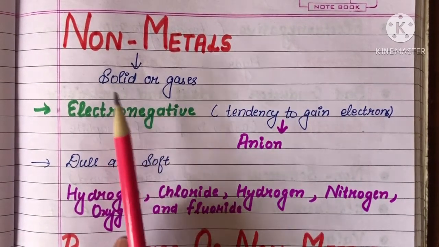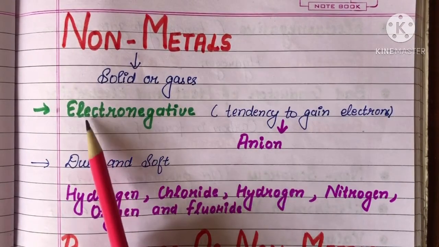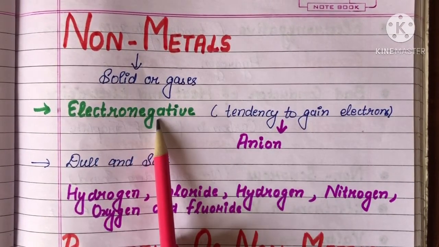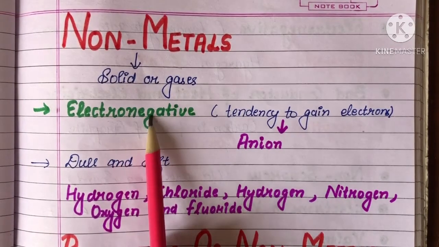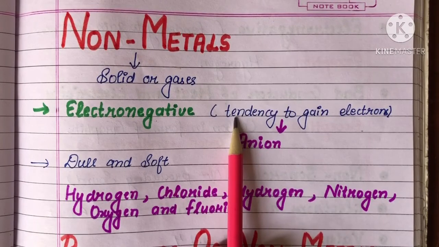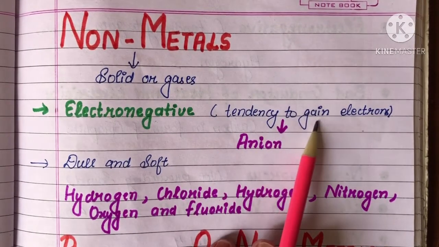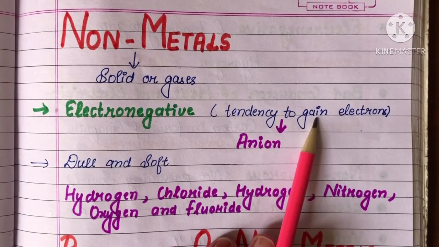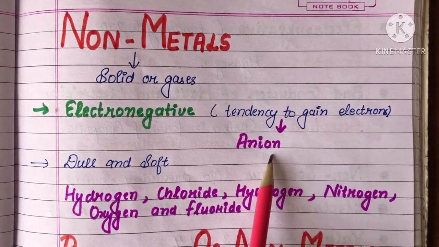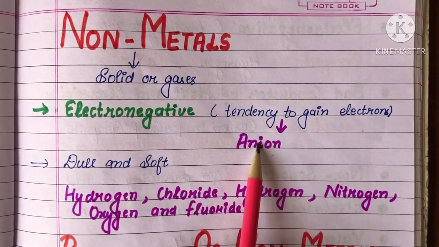Non-metals show electronegativity, or you can say electronegative behavior. What is electronegative here? Electronegative means tendency to gain electrons. So those elements that are attracting the electrons, or gaining the electrons, are called anions. So anions are formed by the non-metals.